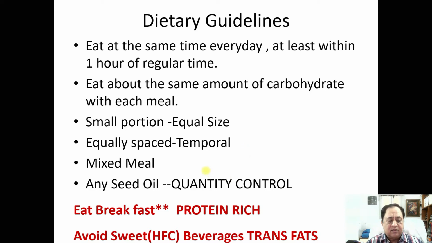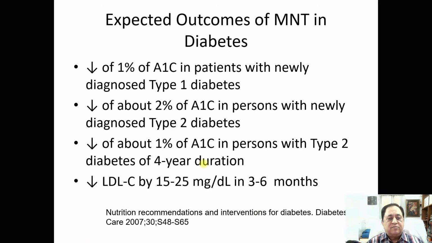Any seed oil can be consumed to achieve dietary benefits which are expected from reducing the total quantum of the seed oil, in fact. So expected outcomes with medical nutrition therapy in type 1 diabetes is around 1% reduction of HbA1c, around 2% in type 2 diabetes, and A1c 1% reduction with type 2 diabetes of 4 year duration.